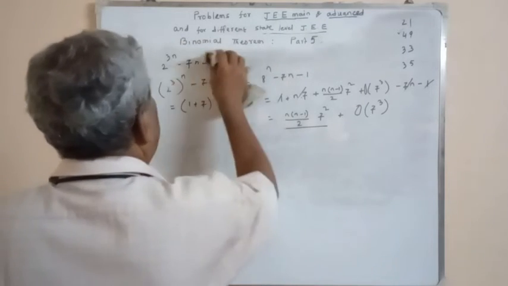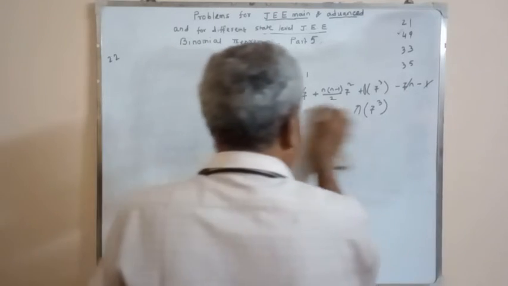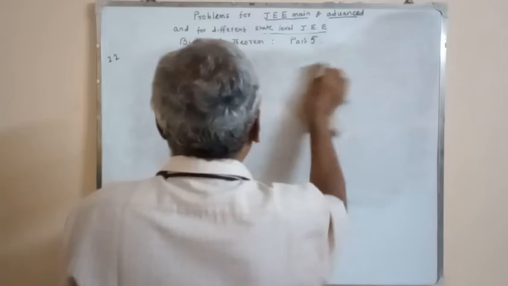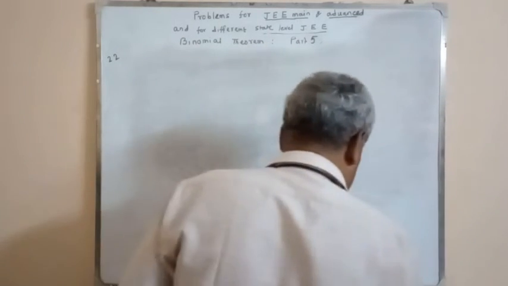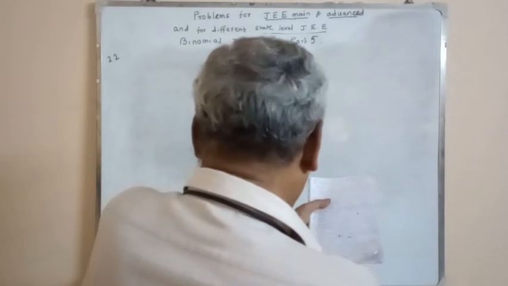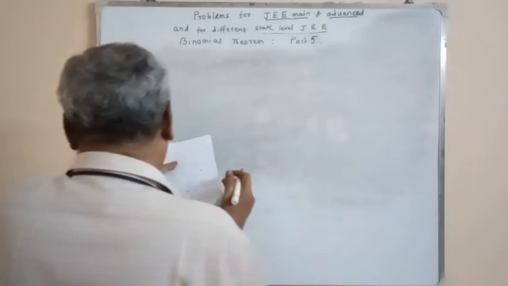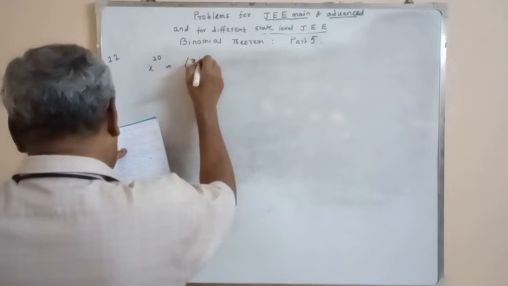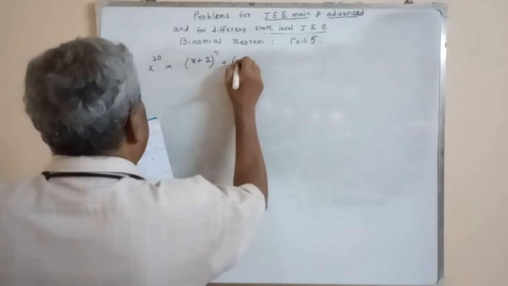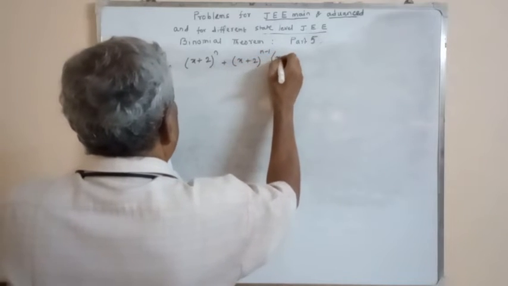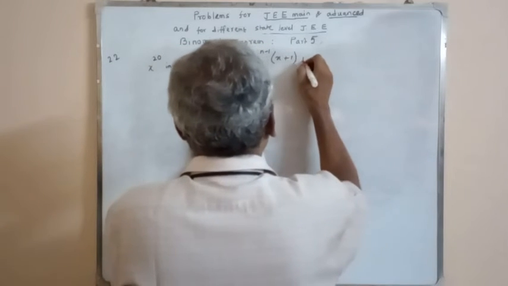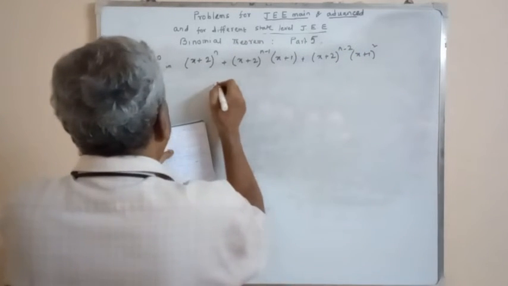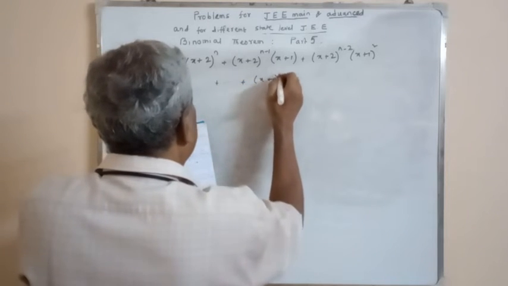Next, problem number 23. The coefficient of x to the power 20 in (x plus 2) to the power n plus (x plus 2) to the power n minus 1 into (x plus 1) plus (x plus 2) to the power n minus 2 into (x plus 1) whole square, up to (x plus 1) to the power n.